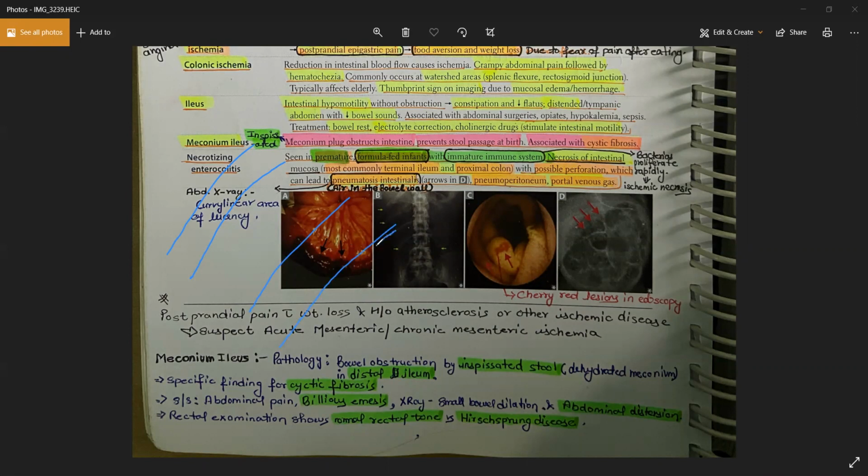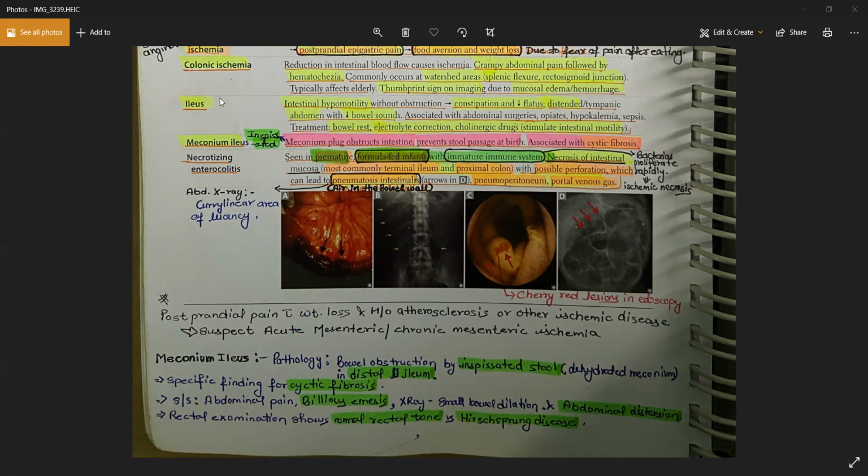You will have air between the bowel wall, so it will be seen as a splitting of the wall, as you can see. This splitting will be seen, and this is the curvilinear areas of lucency. They will describe it like that. The air is in the bowel wall itself, not in the lumen. Is that okay? Okay. Thank you.